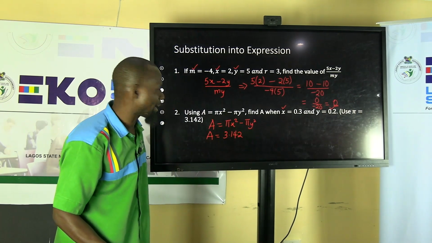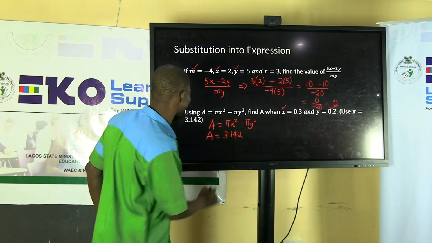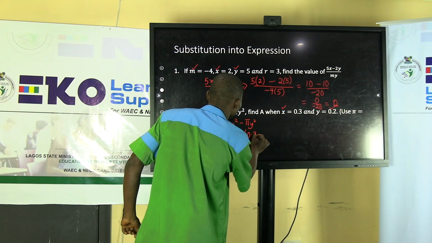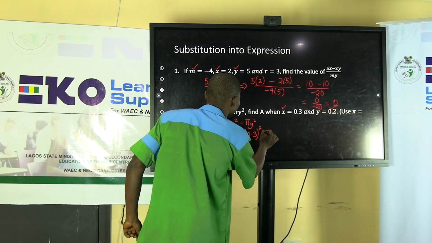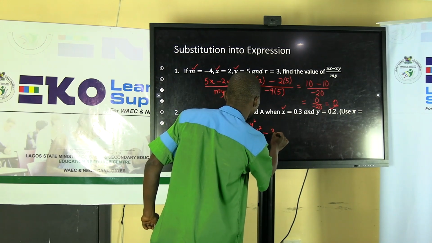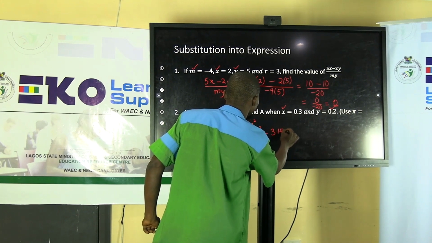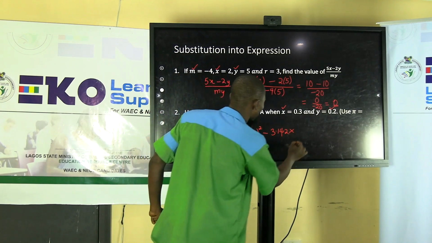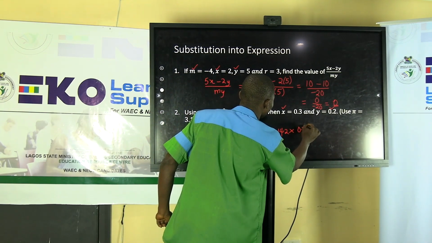Yes, multiply by x squared. Our x is 0.3. It means you square it, minus pi. The pi is also 3.142 multiplied by y. Y is 0.2. 0.2 squared.